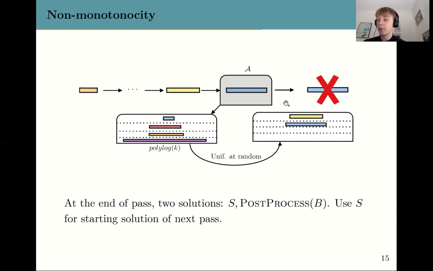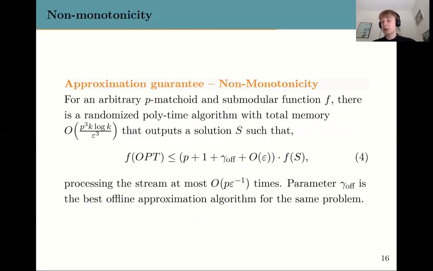So we can use the same type of argument to have a decrease in the local solution, so we can use the analysis of the monotone case, because the solution that is maintained throughout the stream also has the same property. So we don't need much. The only downside is that the buffer size is actually big because we need to limit the probability of an element to be in our final solution. So our algorithm is clearly not space optimal compared to the monotone case.